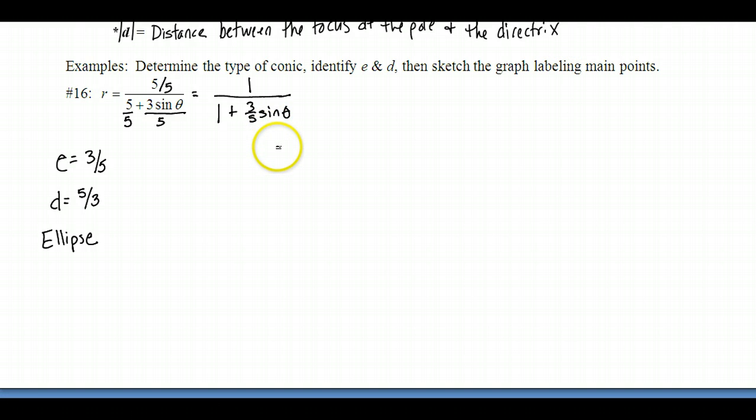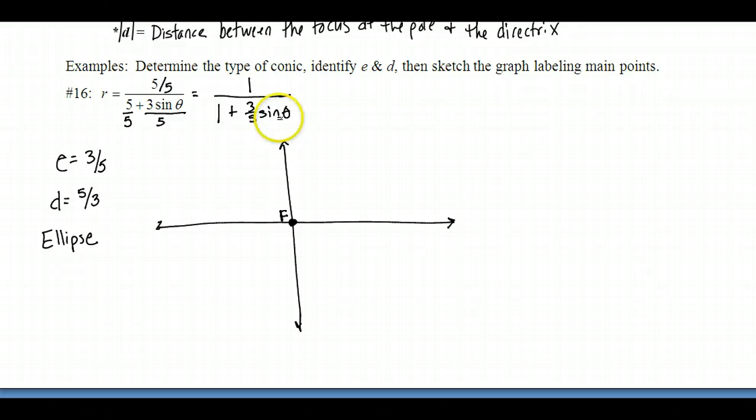All right, so if we sketch our conic with this, we know that we have to always have one focus at the pole. So I usually put an F by there to represent the focus. Well, if I'm dealing with sine, I know that my directrix is going to be horizontal, and because this operation here is addition, it's going to be above the focus.